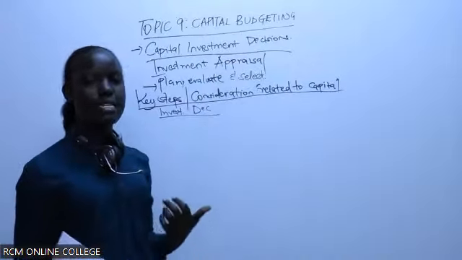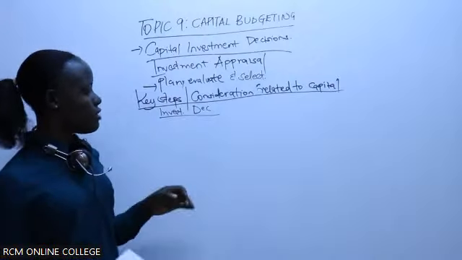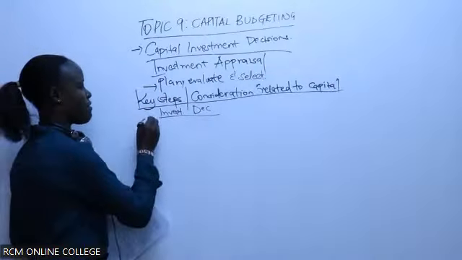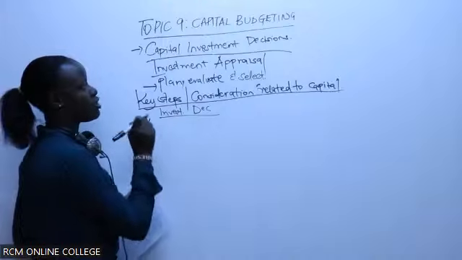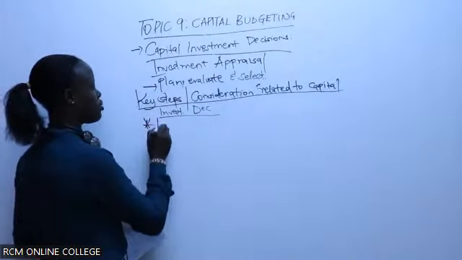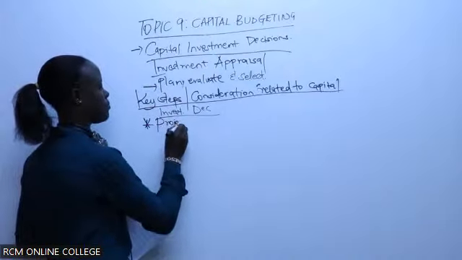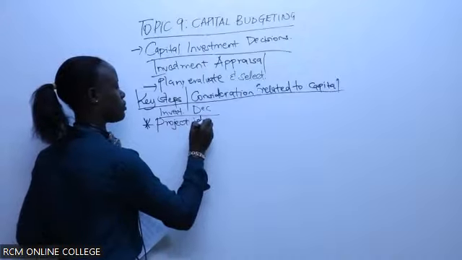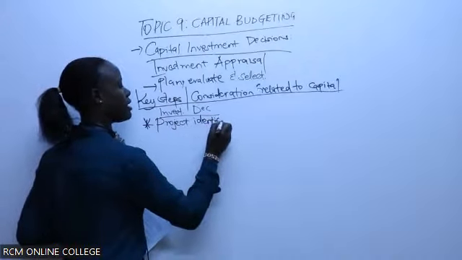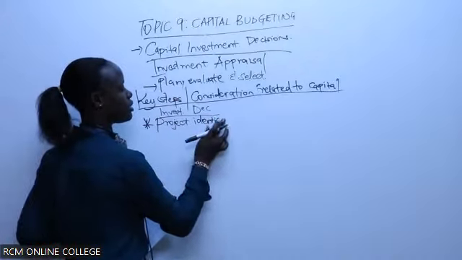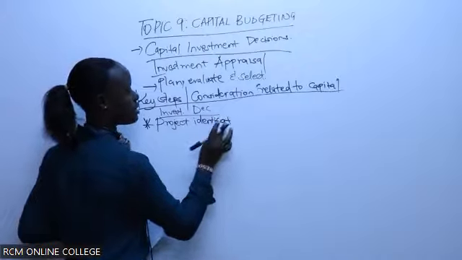The first key aspect that you can consider, first of all, you'll have to do a project identification. The first step that relates to capital budgeting is project identification.